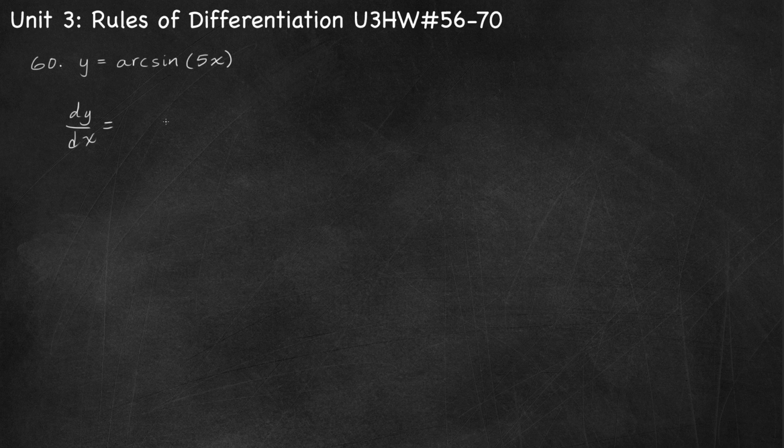Arc sine of stuff, the derivative of arc sine stuff is going to be 1 over the square root of 1 minus the stuff squared. And don't forget your parentheses there. Times the derivative of the stuff. And the derivative of 5x is 5. Okay, so this is 5 over the square root of 1 minus 25x squared.